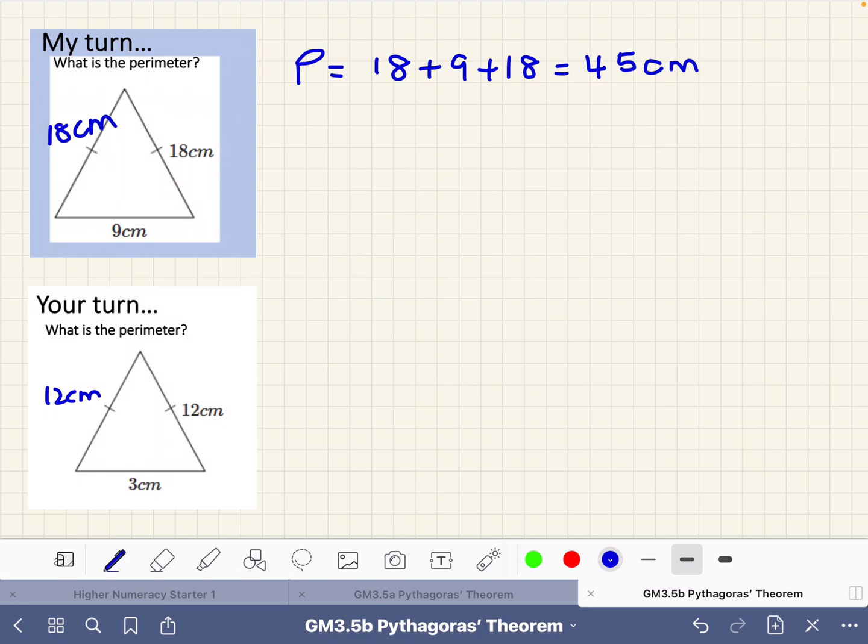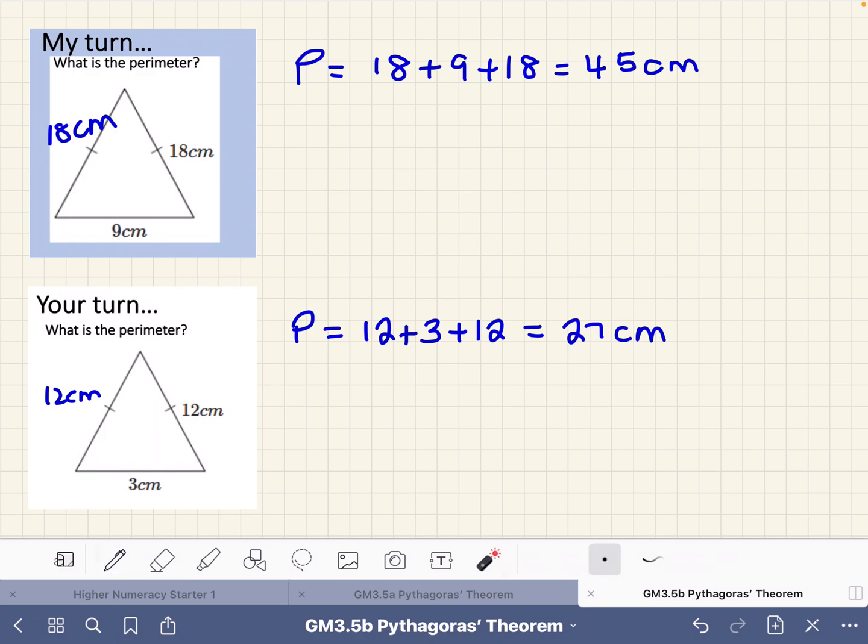When I find the perimeter, I go from a point on the shape and travel all the way around until I get back to the start. So 12, add 3, add 12, gives me my perimeter, which gives me 27 centimetres.